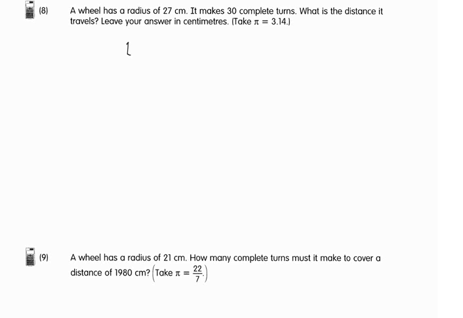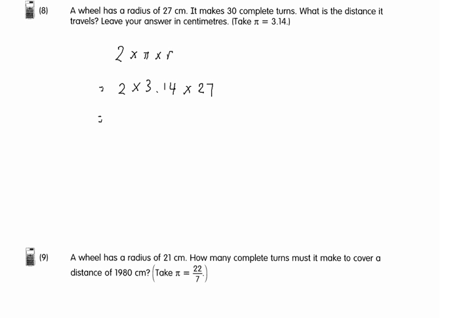So 2 multiplied by pi multiplied by r equals 2 multiplied by pi, in this case 3.14, times 27. Okay, what's the answer, Lauren? Okay, never mind. Gabriel is faster.